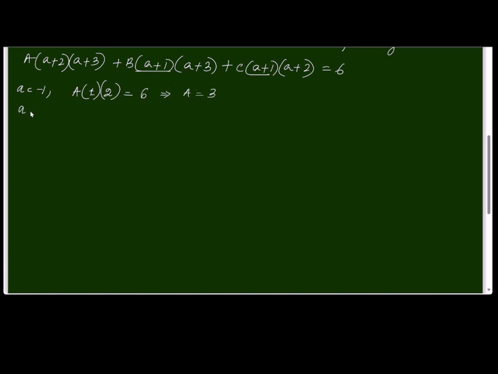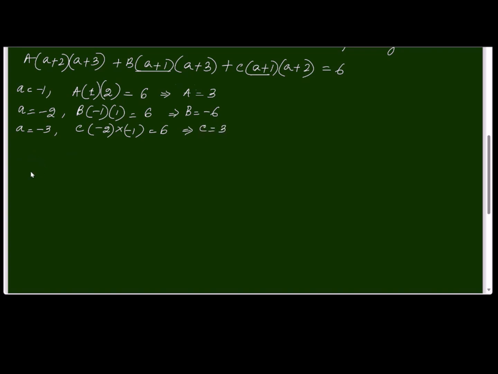Now taking a equals negative 2, the first and third will vanish, so B into negative 1 and 1 equals 6. This gives B equals negative 6. And for C, take a equals negative 3. Then C into negative 2 into negative 1 equals 6. This gives C equals again 3.